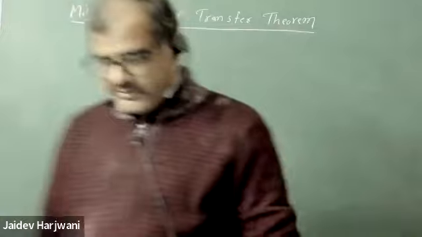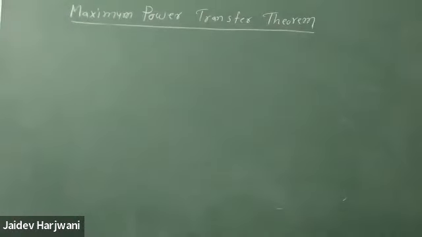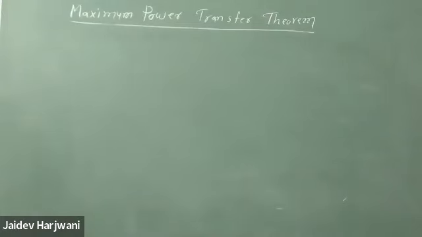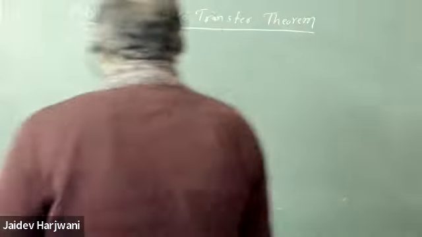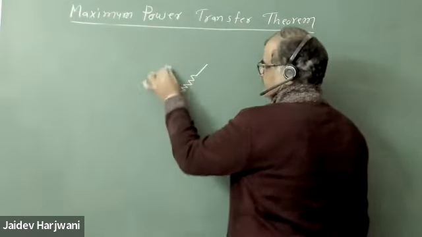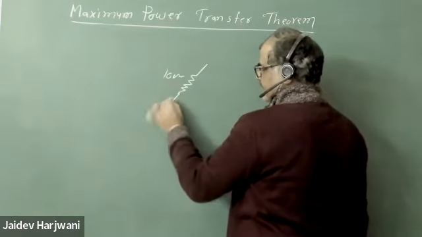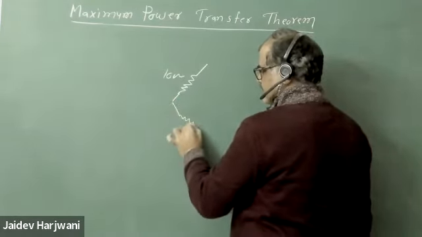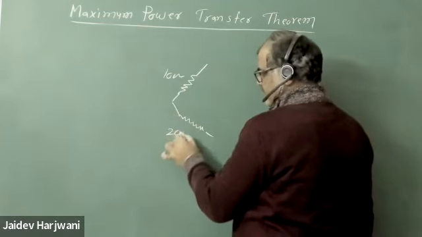Let me solve one more problem. Just give me 1 minute. Okay. So let's solve one test on this type of problem. Say this is 10 ohm, and say this is 20 ohm.